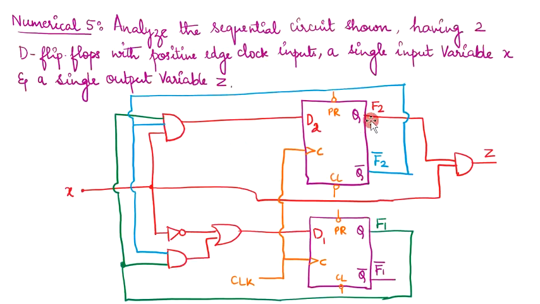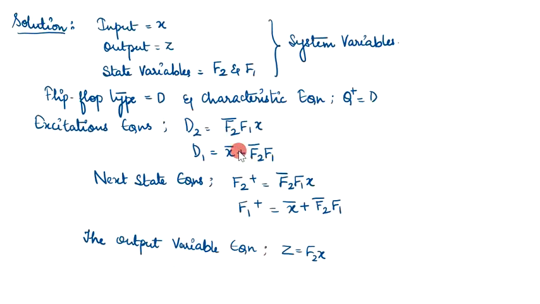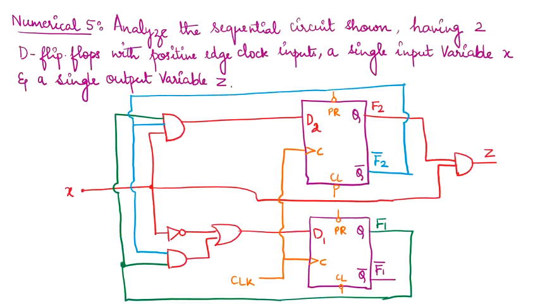D2 is equal to F1, F2 bar and X. Similarly, D1 is equal to X F1 bar plus F2 bar into F1.